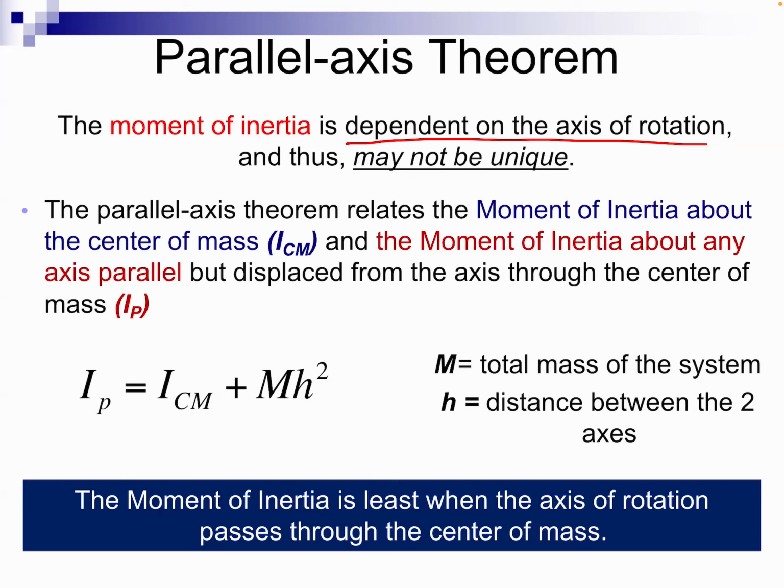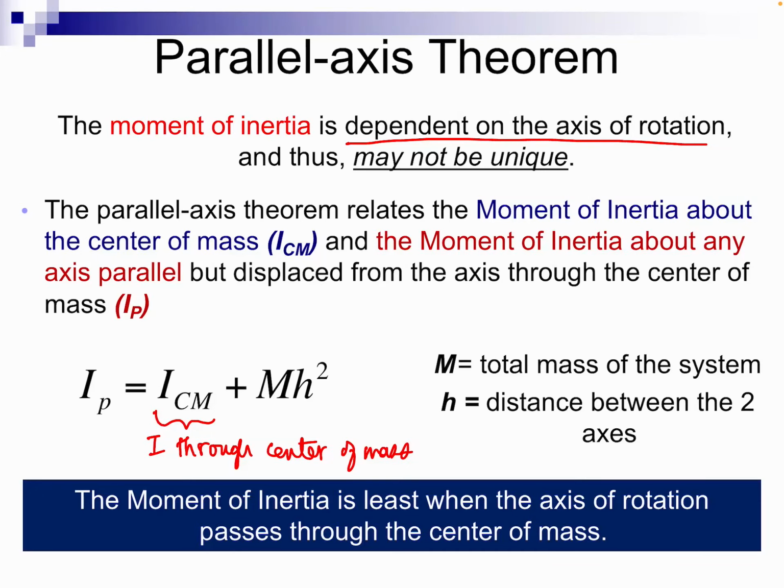The parallel axis theorem says that the new moment of inertia is equal to the moment of inertia through the center of mass, plus M h squared, where M is the total mass of the system and h is the distance between the two axes.